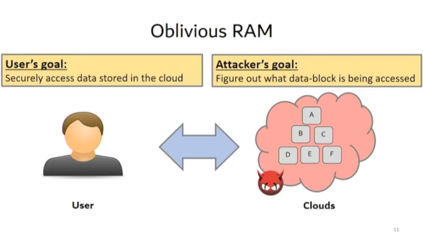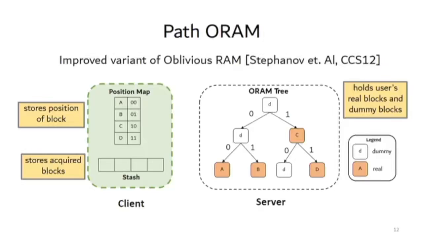By secure manner, what that means is that when I'm trying to access, let's say, block A, the cloud provider or whatever tenant should not really be able to know exactly which data block was accessed. So the user's goal is security, but the attacker's goal, a potentially adversarial cloud, is to figure out exactly what you're trying to access. So this is the model of Oblivious RAM.